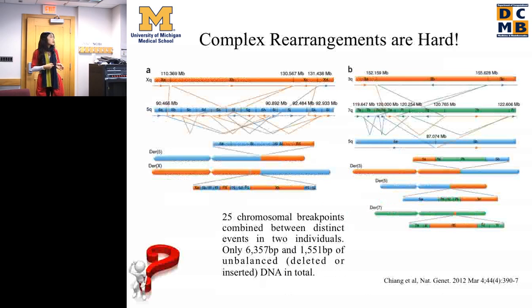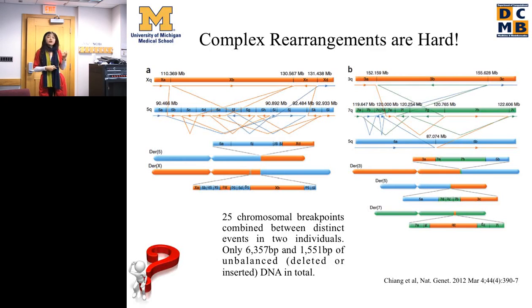For example, here are 2 cases. This is the genome structure from a germline genome in one person. We can see there is a mosaic structure between chromosome X and chromosome 5. There are 9, 10, 11 different regions from the 2 chromosomes that are patched together and inserted here.